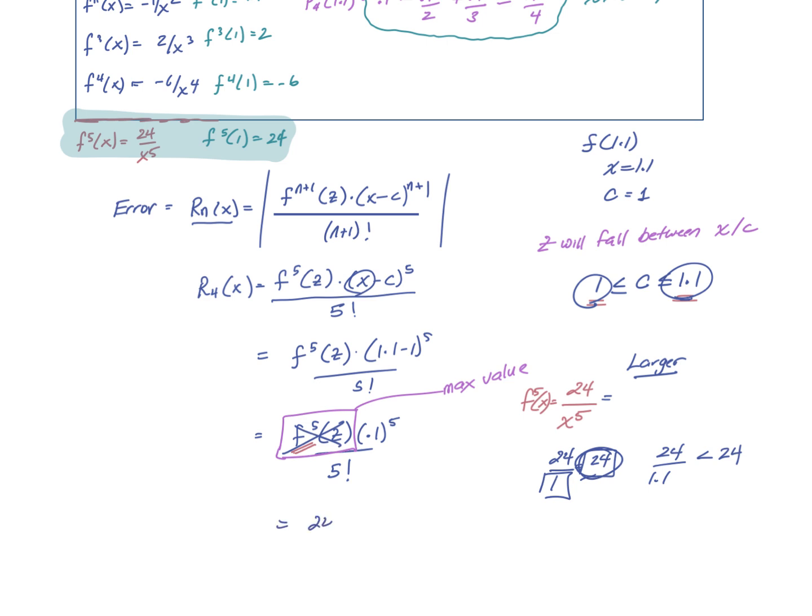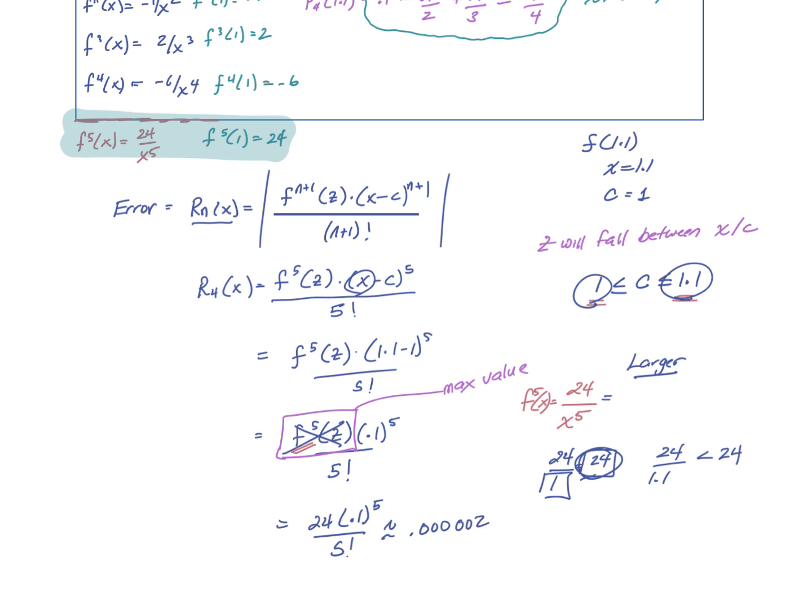So it's 24 over 1 to the 5, over 5 factorial. And again, I plug this into my calculator. We'll talk about calculator use in class, but for the AP exam, you don't need a calculator. They design these questions so that the numbers work themselves out. So that's my error.